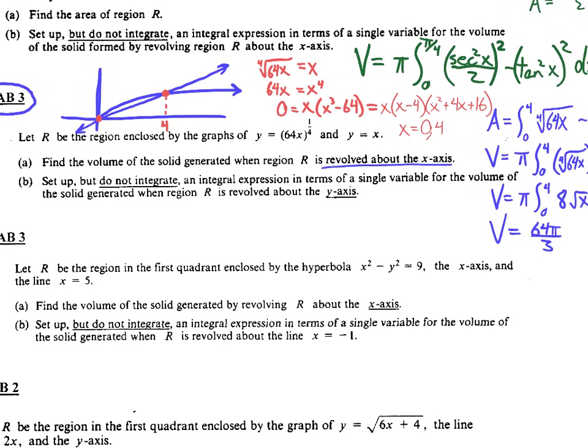Now it says, set up but do not integrate an integral expression in terms of a single variable for the volume of the solid generated when R is revolved about the y-axis. Okay, so this one's a little bit different. We got to rewrite that 64x to the 1/4 in terms of y instead. And notice we're doing right minus left, so the line is going to be to the right in this case.